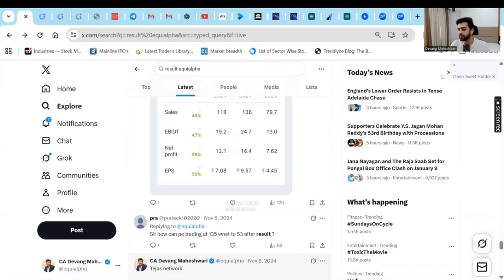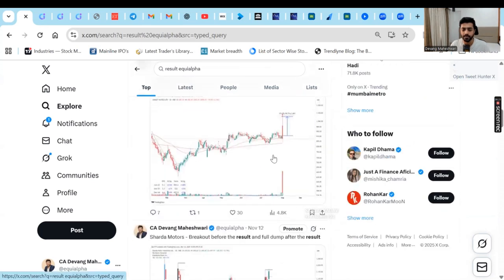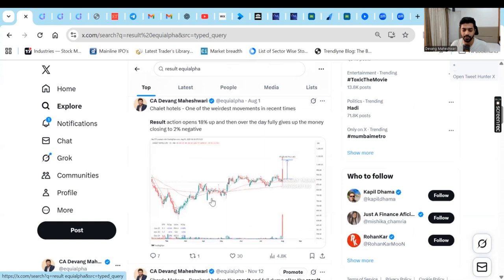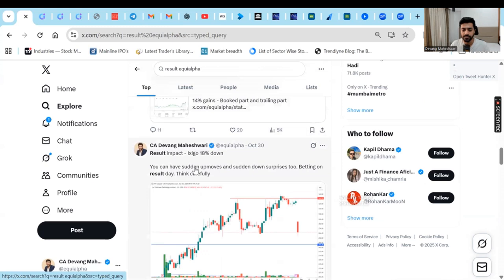And I would have posted lot of time that these are two-sided. Result casualties more. Breakout before the result and dump. Sudden up move and sudden surprises on betting on result day.